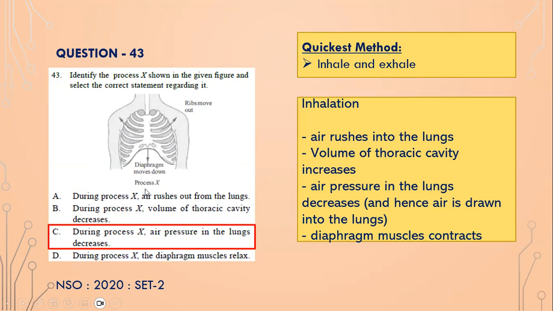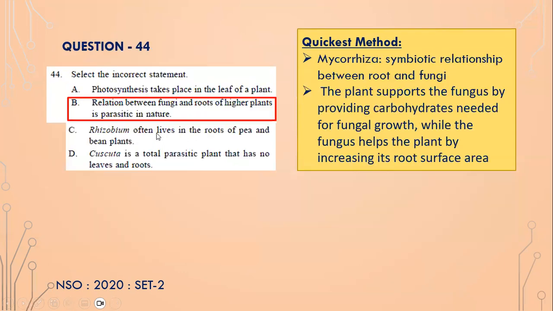So it is inhalation, and air pressure in the lungs decreases, isn't it? Because you are expanding the lungs, the air pressure in the lungs will decrease, and that's why the air is getting pulled into the lungs. And the diaphragm muscles will not relax, they will contract. Diaphragm muscles will contract during inhalation.